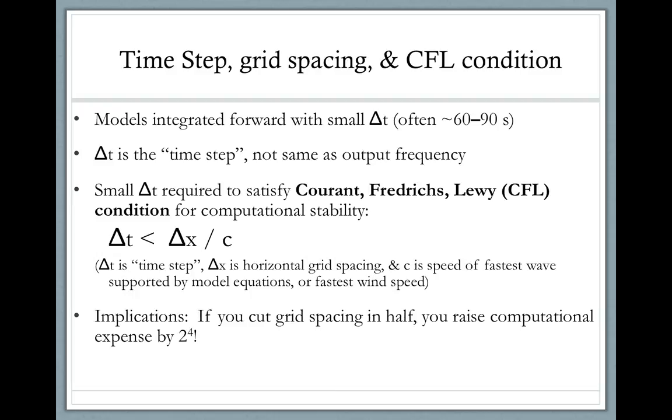The Courant number is a limiting factor for us in numerical weather prediction. It limits the time step that we can choose based on the maximum speed of the wind anywhere within our domain, and the grid spacing. And so there is a condition for computational stability that is listed here: delta t less than or equal to delta x divided by c.